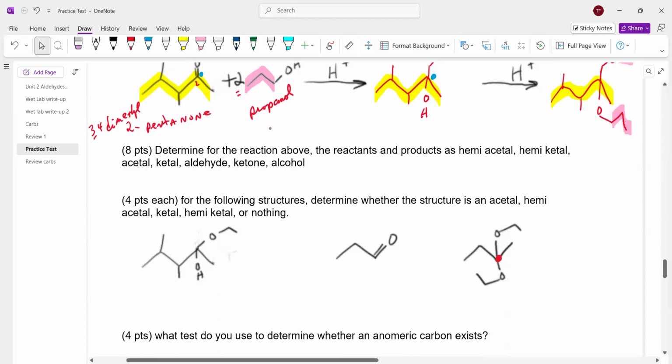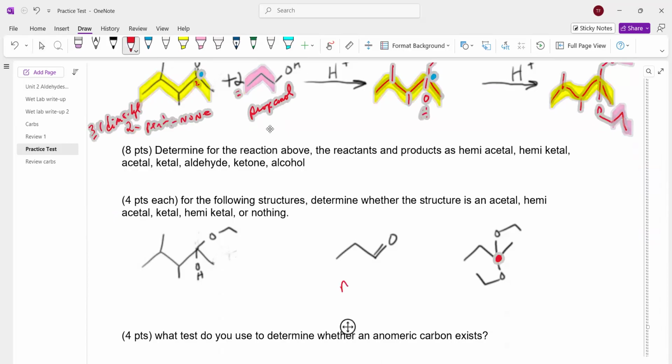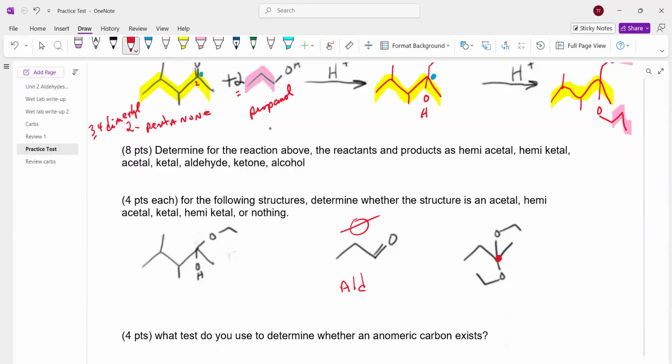Okay, and this one here. For the following structures, determine whether the structure is acetal, hemiacetal, hemiketal, ketal, or nothing. Well, this is a plain old aldehyde, so it would be nothing.